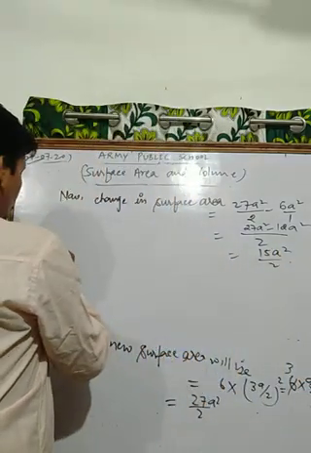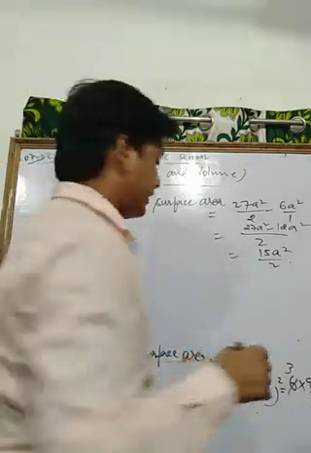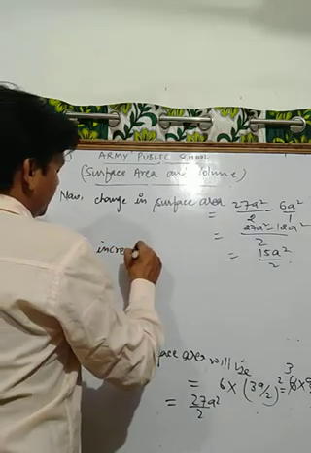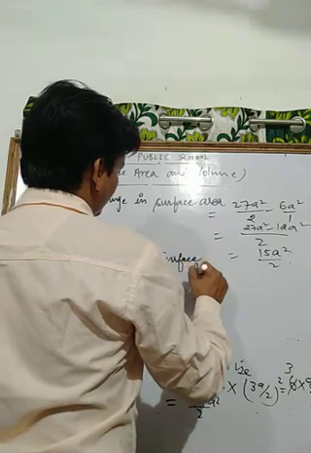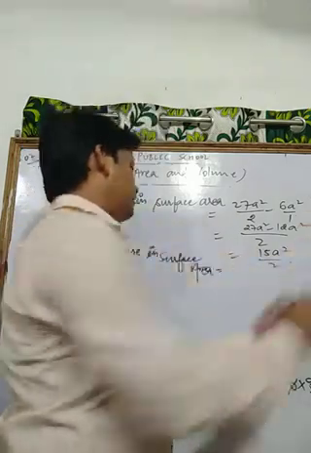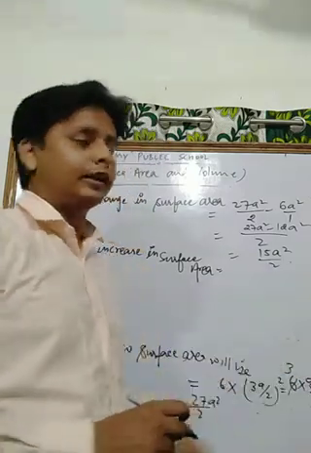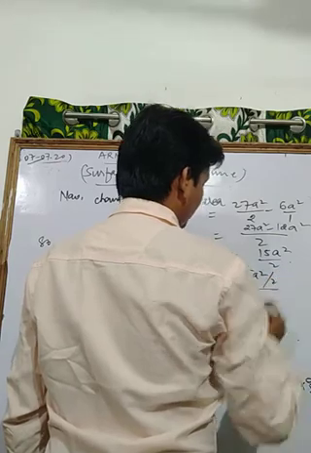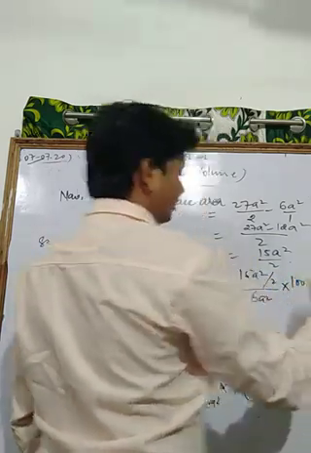Now the percentage increase in surface area is equal to change in surface area upon initial surface area into 100, that is 15a square upon 2 upon the original surface area 6a square into 100.